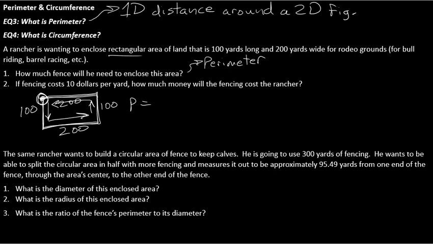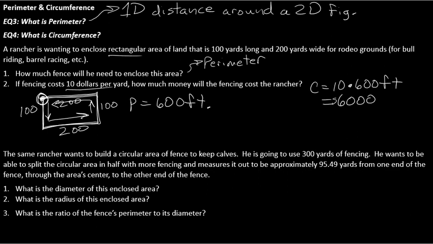So that's 400, 500, 600. So he needs 600 yards of fencing. Okay, if the fencing costs $10 per yard, right, how much is he going to have to pay? Well, our cost is simply $10 times the amount of fence per yard, right? And that would simply be $6,000. Pretty good amount of money there for that much fencing, but it is a pretty large area.